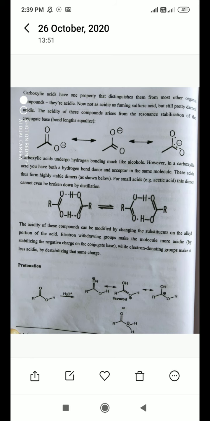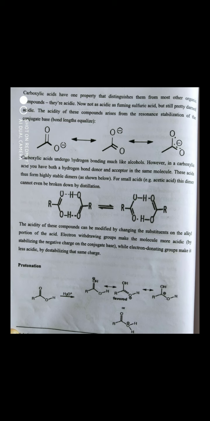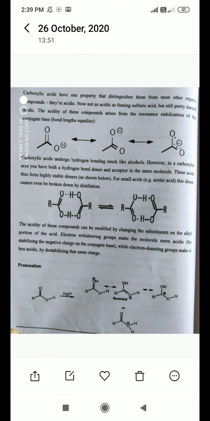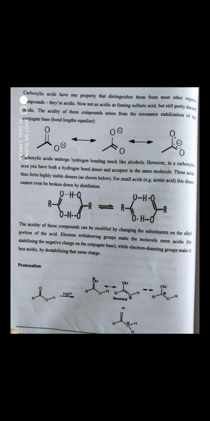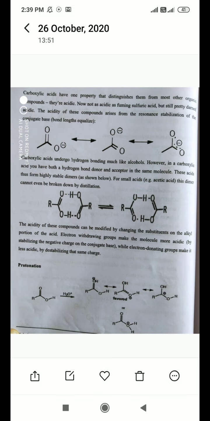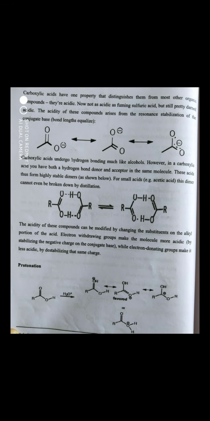The carbonyl group, C double bond O, accepts the proton from this hydronium ion. The next step is represented as O plus H, meaning this oxygen becomes positively charged. Then a reversible arrow is shown.